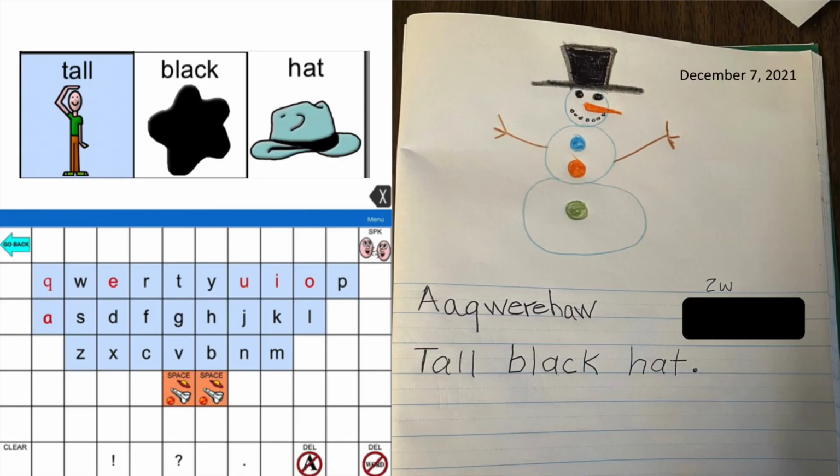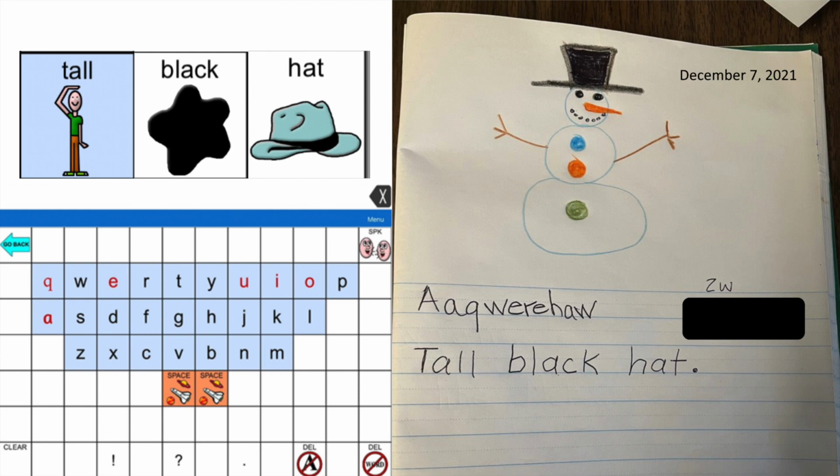Let's check out an example to see how this actually looks. So this is a student who uses LAMP Words for Life. It was December 7th, 2021, and his class was talking about winter in Vancouver, a rare occasion when it had snowed, and making snowmen. His educational assistant was modeling different phrases on his LAMP Words for Life.